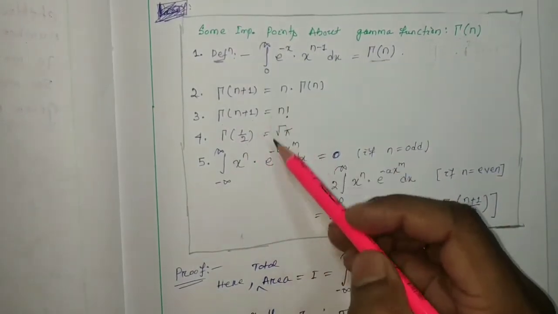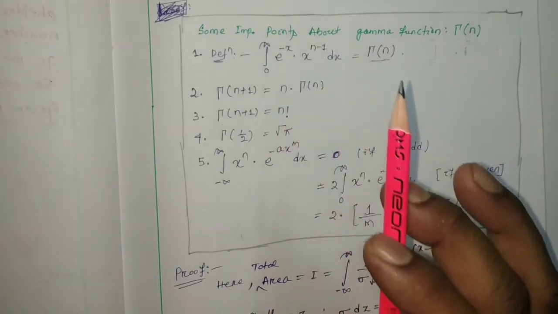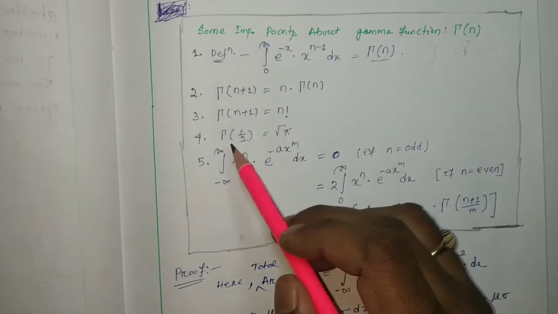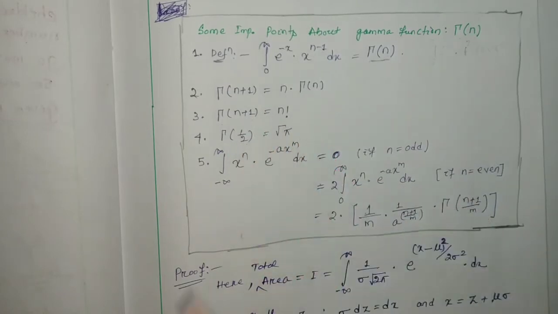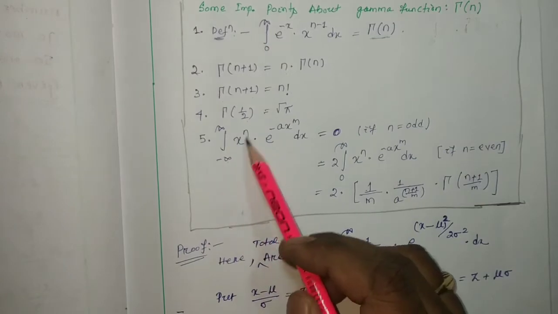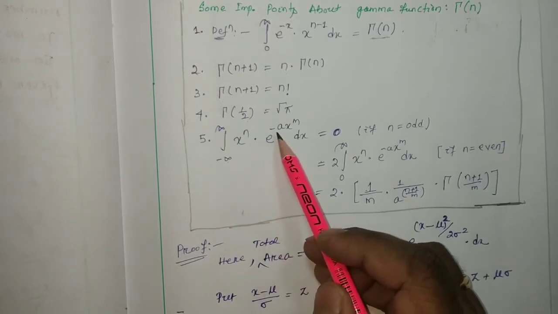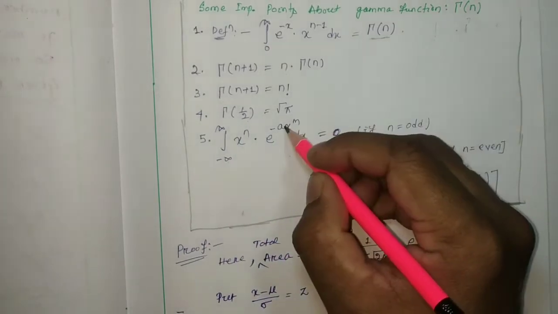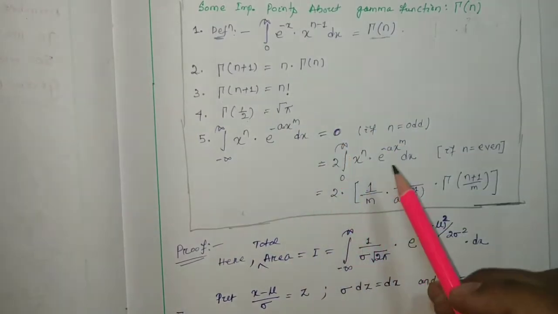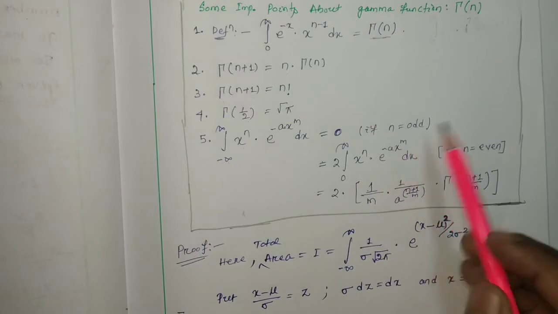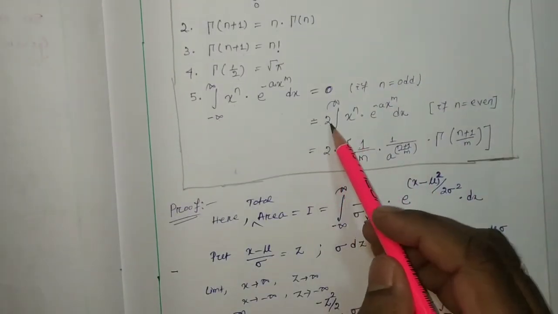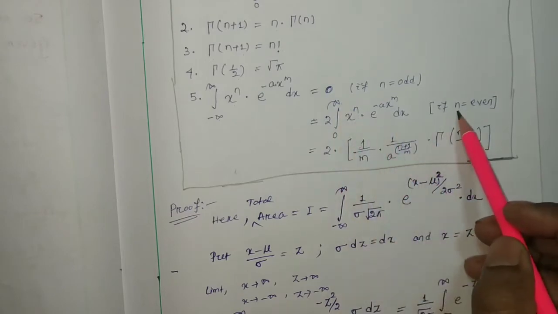I'm not proving these things, you just remember the answer. And the integral from minus infinity to plus infinity of x to the power n into e to the power a x to the power m dx will be equal to 0 if n is odd, and equal to 2 into the integral from 0 to infinity if n is even.